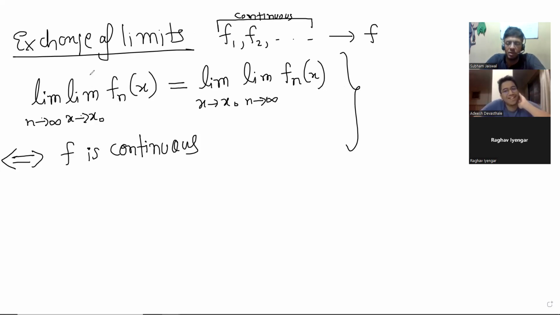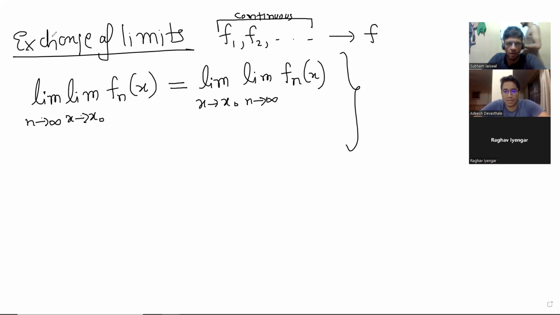The left hand side, the inner limit, is just basically saying the continuity of fn, which is given.